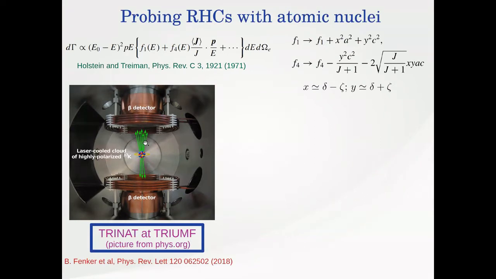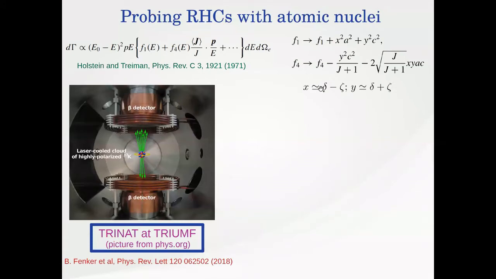It's a classic Madame Wu experiment using fancy laser traps. You polarize the potassium-37 and you see how many betas go along one direction as opposed to the other. And this experiment placed the most stringent limits on right-handed currents.